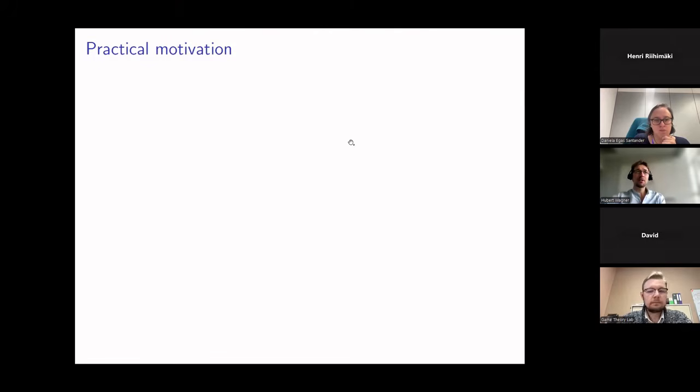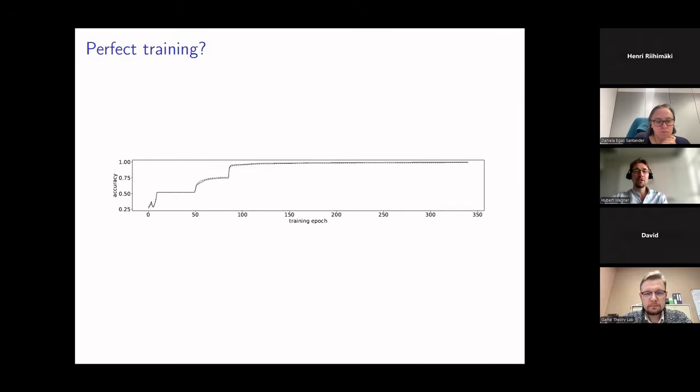So let me actually start from a motivation, and let me actually start from a graph, since the topic is networks. What I'm trying to show here is the training progress of some machine learning model, and I'm showing the accuracy. So it's a classifier. I'm showing both training and test accuracy, and it looks like we're getting what we want. It takes quite a bit of time.